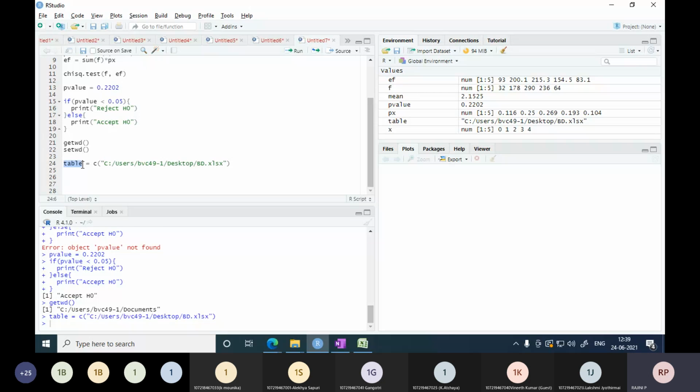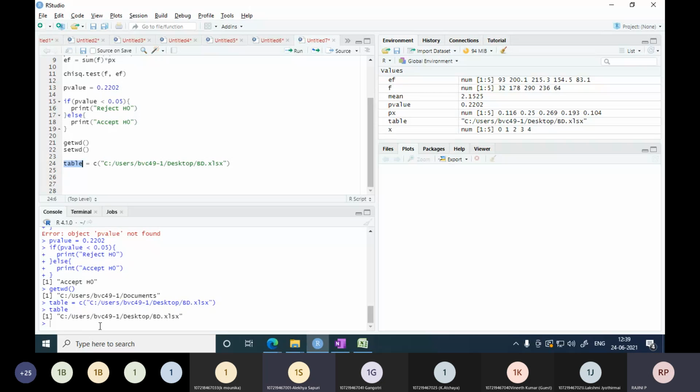Now run this table. The directory is stored into this one. Is it clear? Yes. How to set this? And from the table you can use the variables. Tomorrow we'll do one problem based on this table and I'll let you know how to read the variables in R programming from the table.